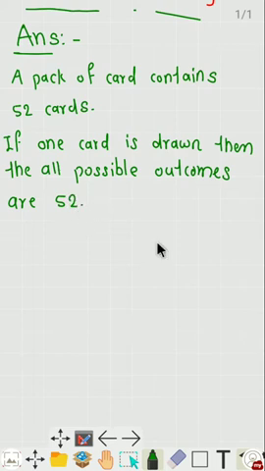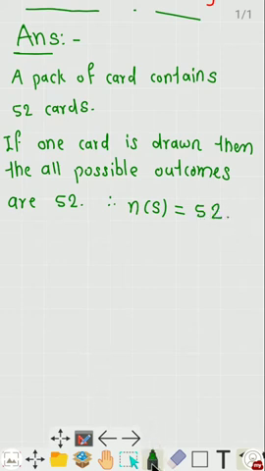Therefore the sample space S contains 52 outcomes, and n of S is equal to 52.